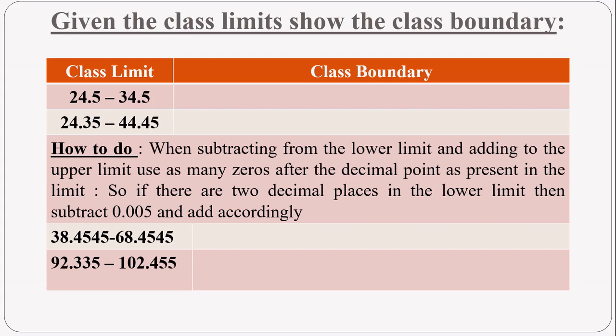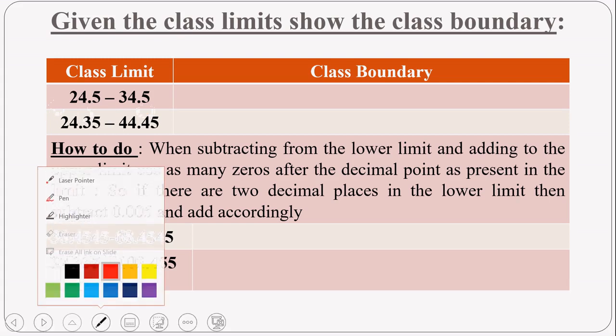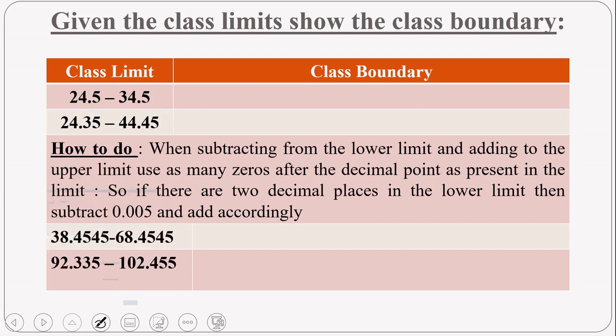Now, let me use my stylus pen and explain how to deal with the first example, as I'm going to take 24.5 and 34.5. So 24.5 is the lower limit, try to understand, and 34.5 is the upper limit. I'm setting my pen and let me bring this example down.